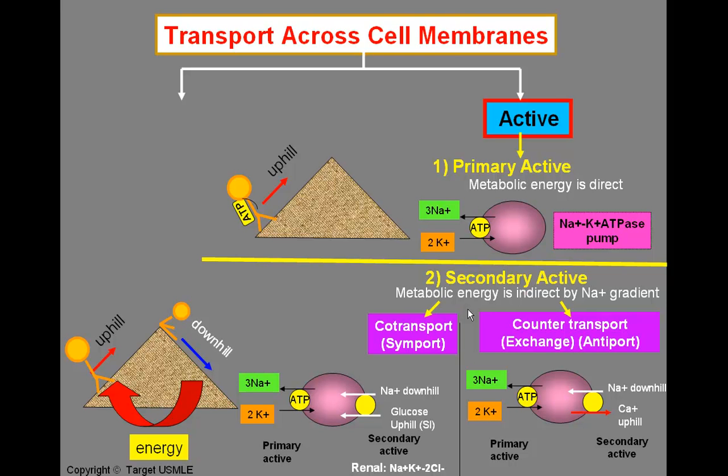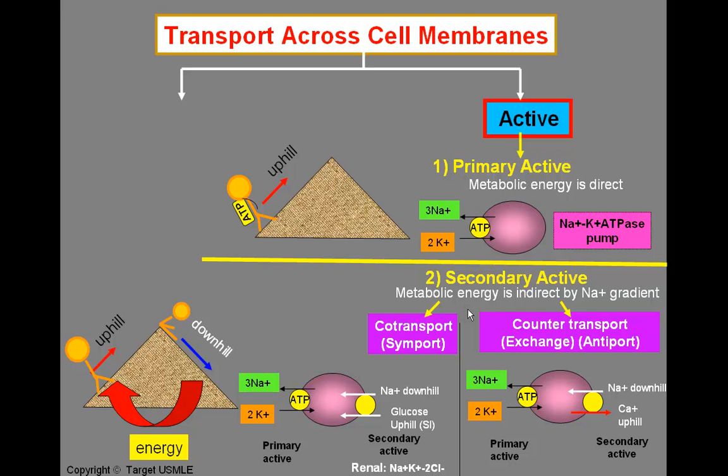If you look to the left, you see a solute going downhill, which could be the sodium gradient moving from extracellular to intracellular environment. And the energy that is released during that time is used for another molecule to move uphill. For example, in the first cell, you have sodium going downhill and glucose going uphill.